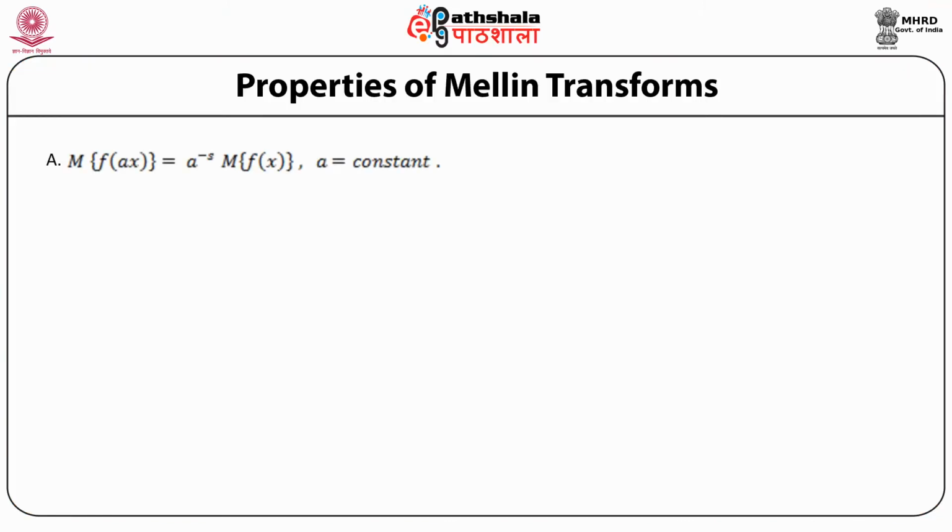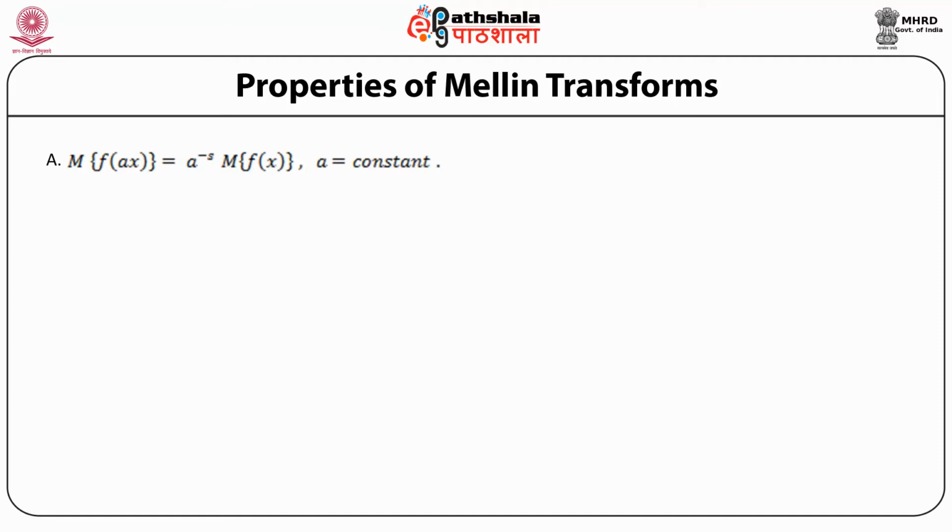Before we can start solving integral equations using Mellin transforms, we have just defined the Mellin transform, but we need certain properties, just like we needed the properties of the Laplace transform to solve integral equations.